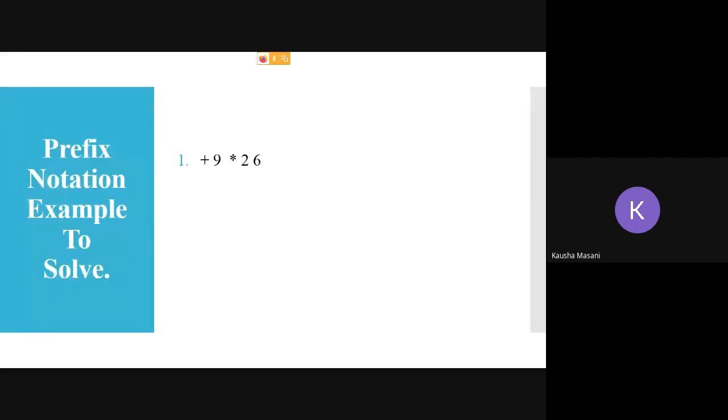Okay, now you have to solve the prefix notation example. This is the last slide for today's session. We'll keep it till here. We are not moving forward to recursive functions. We'll see that tomorrow.